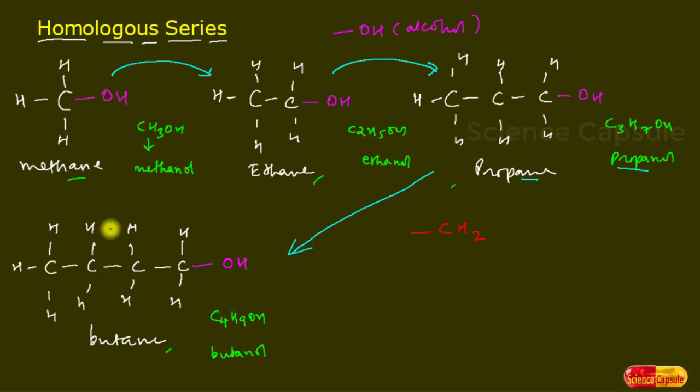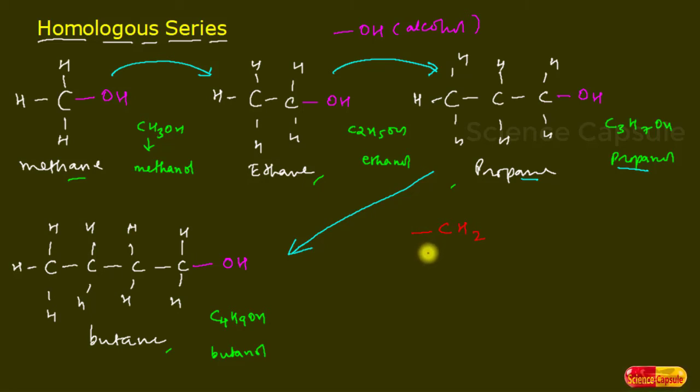So if you take two consecutive homologous series from any of these compounds, you will find those structures differ by a CH2 unit. On the basis of this, we can easily find the next and previous homologous series with the idea of a CH2 unit. If you want to find the next homologous series of any carbon compound, then you have to add a unit of CH2.